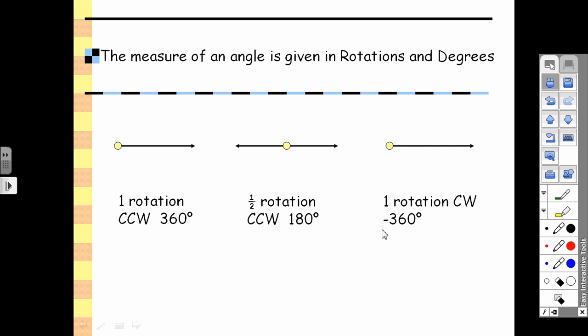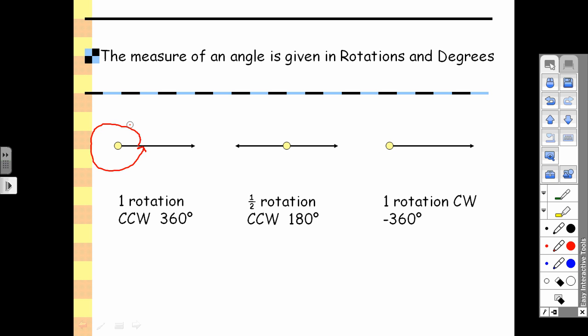Okay, so the measure of an angle is going to be given in rotations and in degrees. For example here, if we look at these three examples, I have one rotation in the counterclockwise direction. That gives me 360 degrees. So think about it like this. I'm going in the counterclockwise direction. So I start here at my initial side, go all the way around, and I end up where I started.